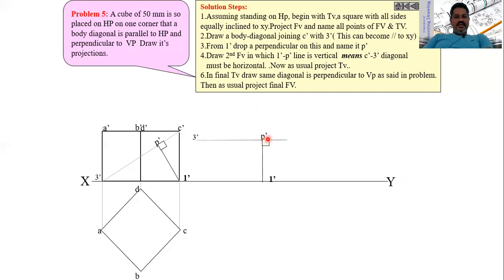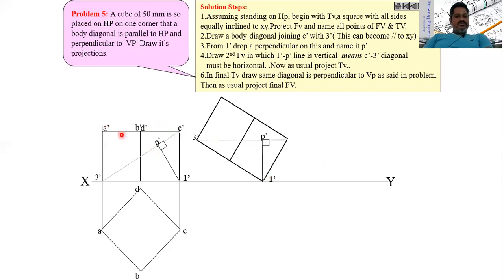So when we make this P dash C dash 3 dash horizontal, it is obvious that P dash 1 dash will be perpendicular to HP.